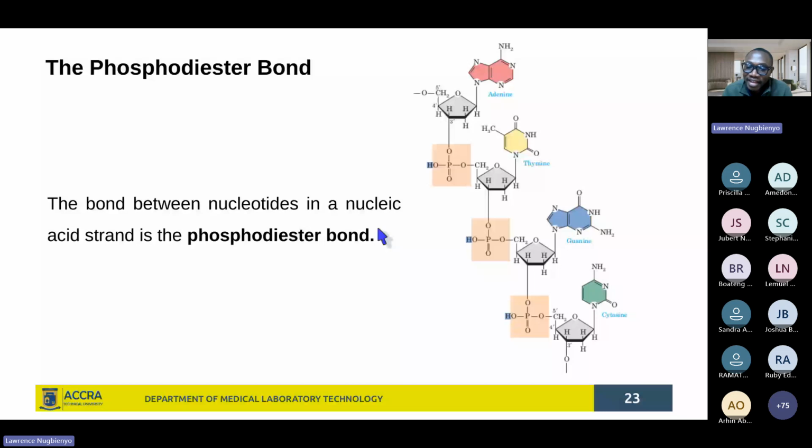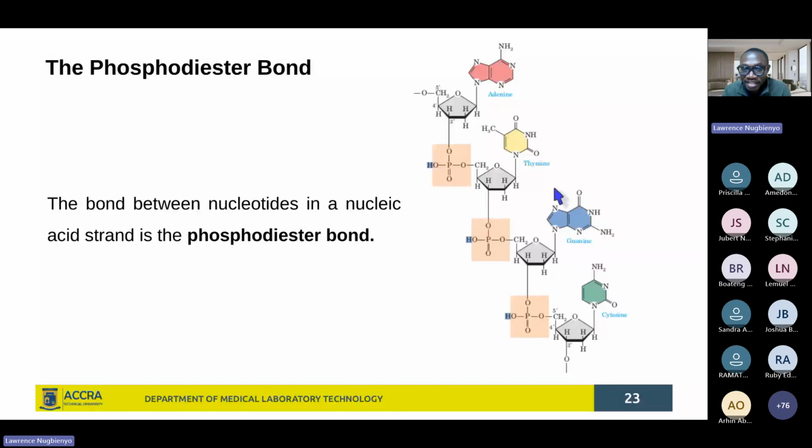Now, on the right-hand side, you see a more detailed fragment of DNA. This time around, it's not like what we saw previously, where we just showed S for sugar, P for phosphate, and then drew some shapes and wrote letters in them to represent the nitrogenous bases.